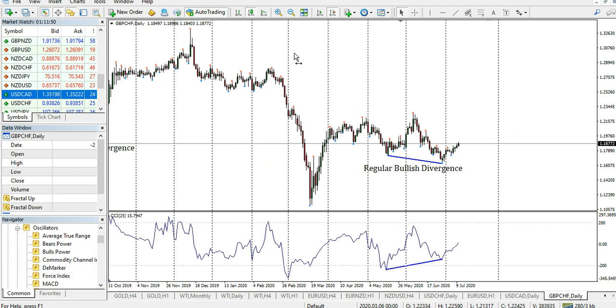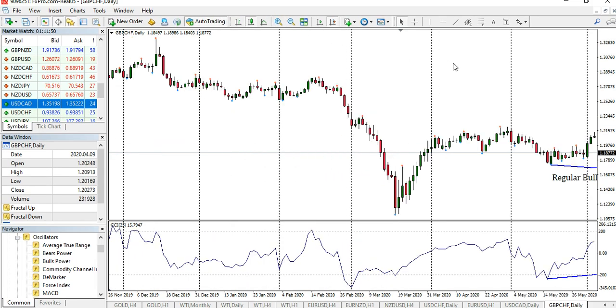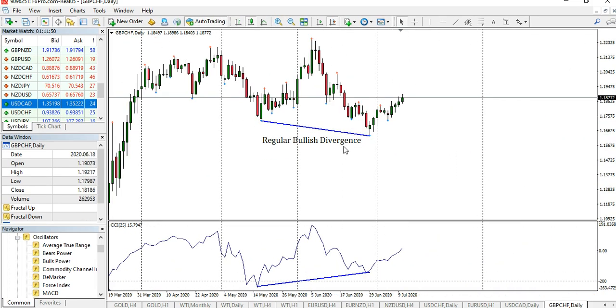So to break it down, we go again. Divergence is when price action and your momentum indicator are moving in opposite directions. So that's how we get the term divergence. Bullish is because we are looking to buy and we're comparing lows.